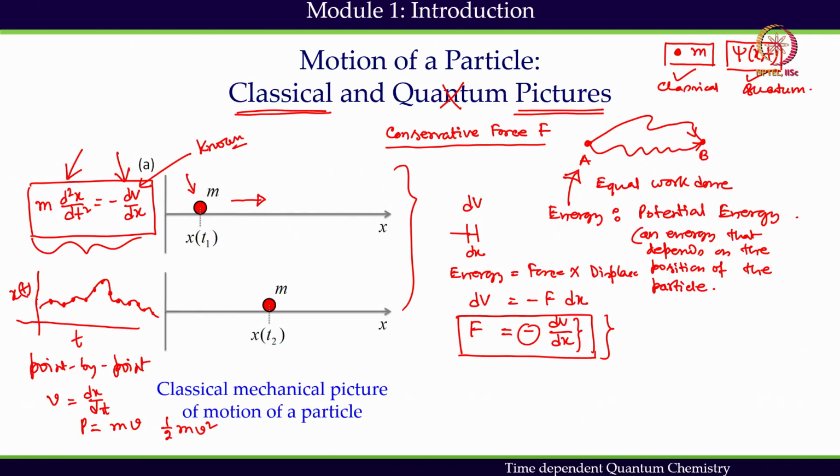But in quantum mechanics, the moment we jump to quantum mechanics and try to describe the motion of a particle, this local information is lost completely. Local information or point by point information is lost. If I think about a quantum particle flying from Bangalore to Kolkata, and if I ask the airline, where is that flight?